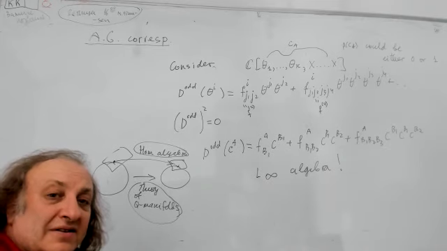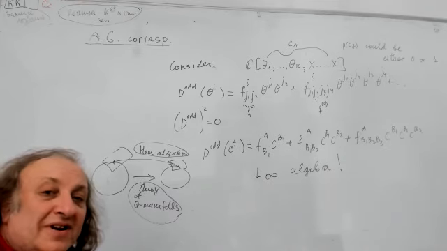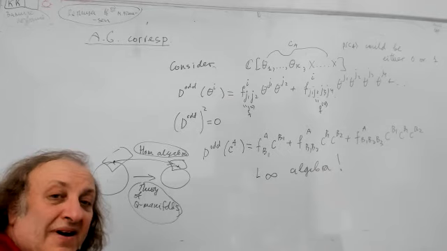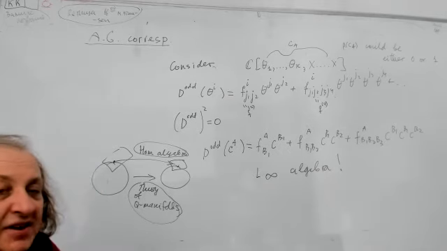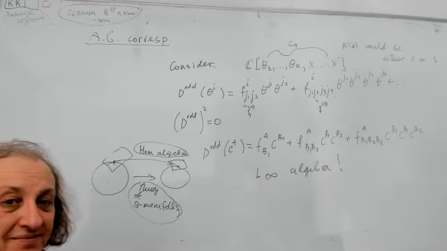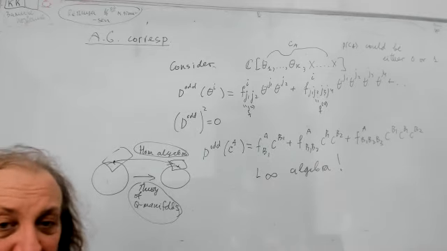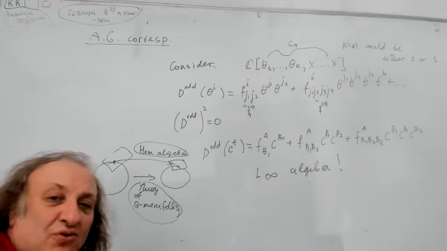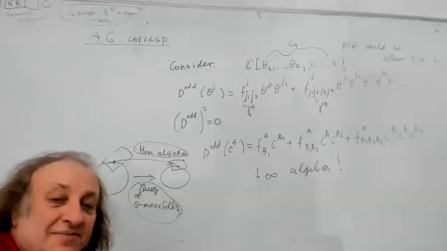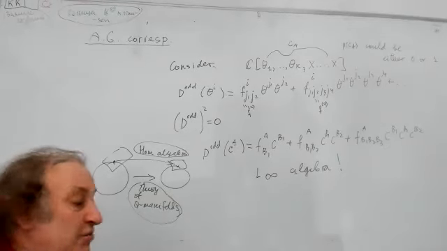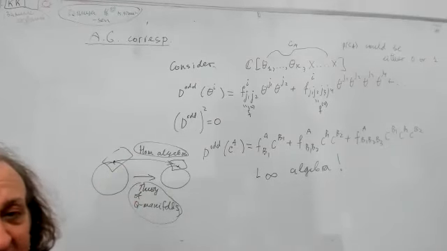In geometry, people first understood external geometry, like a sphere in R3. And only later they realized that the proper way to study is internal geometry. Here, the same thing happens.